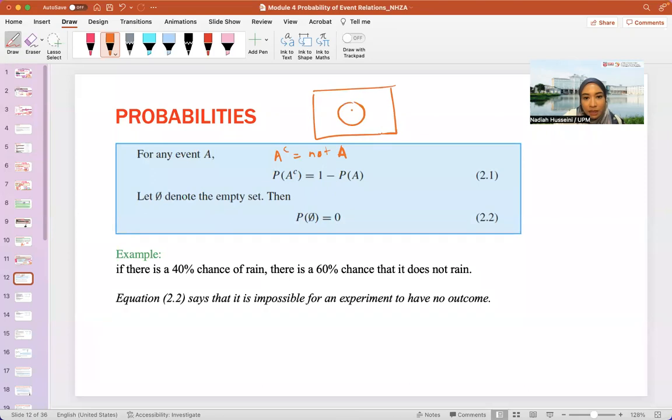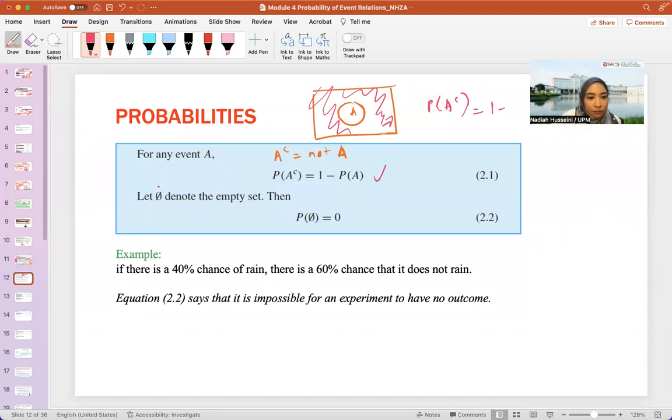I have event A over here, and whatever is not A is my outcome. Therefore, the probability of A complement is equal to 1 minus whatever the probability of A is.